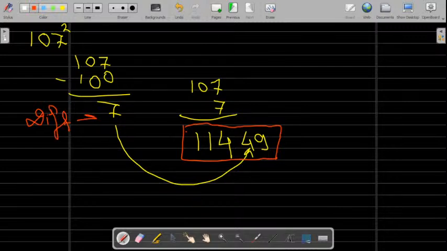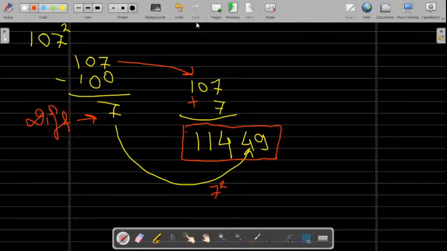You have to take the difference from 100, that is 7. You have to add that 7 to the original number 107, so 107 plus 7 is 114. Then 114 followed by the square of the difference, 7 square, that is 49.